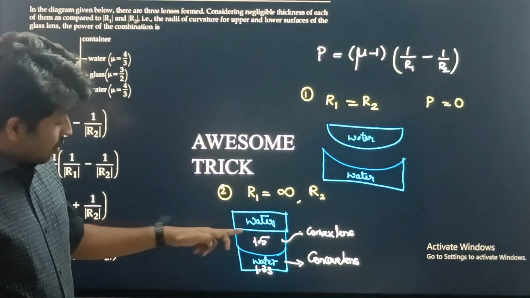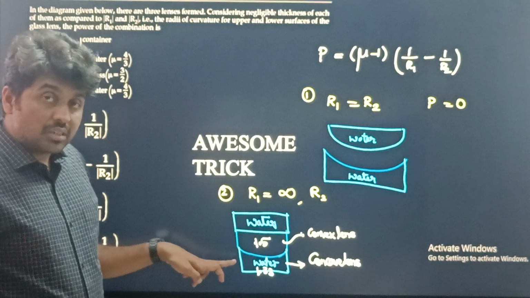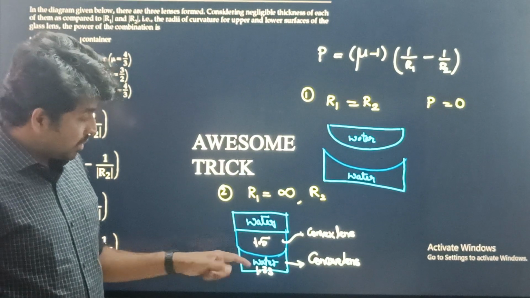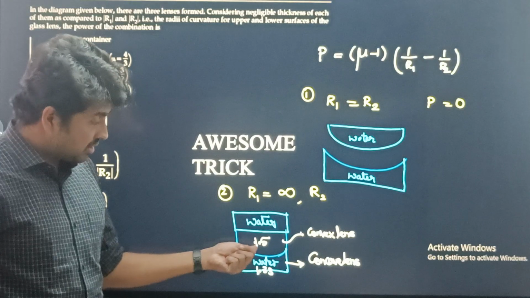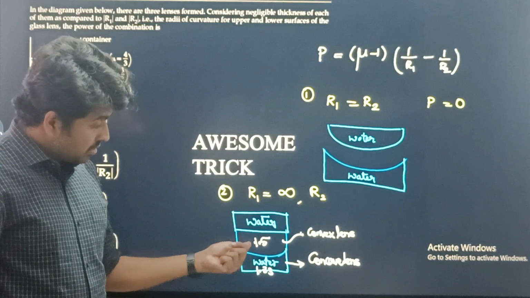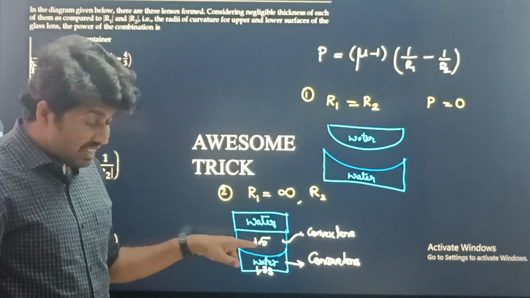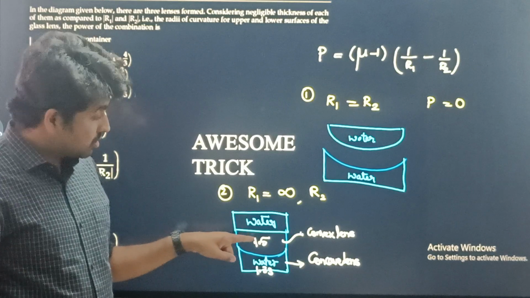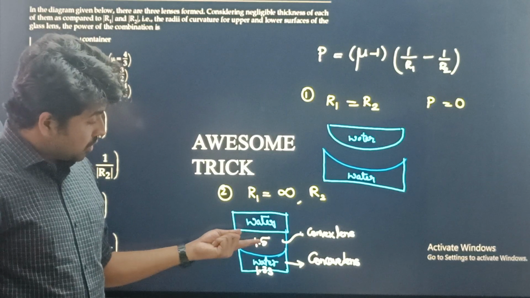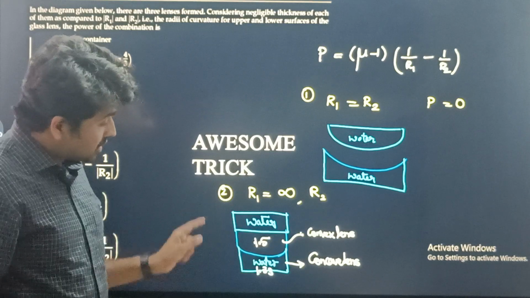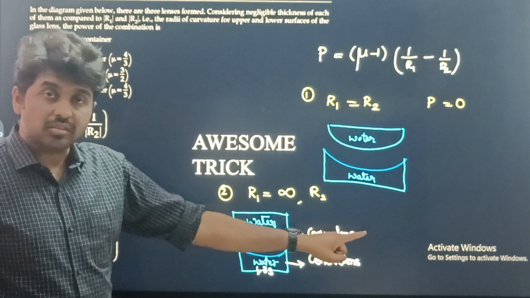As both have the same radius of curvature, which one will have more power? The one which has higher refractive index. The lens has a higher refractive index, so it will have more power. So the effective combination will behave like a convex lens.